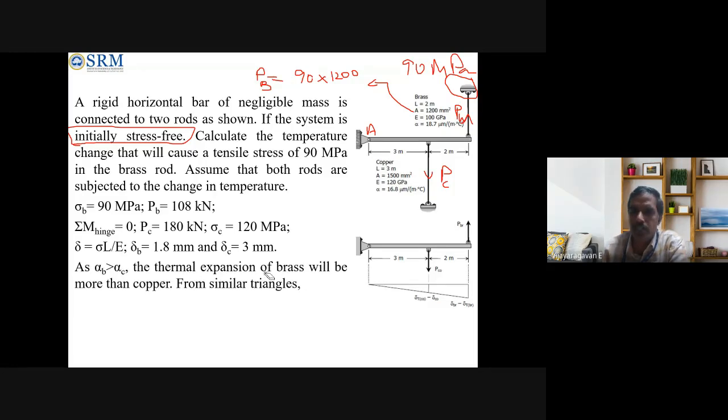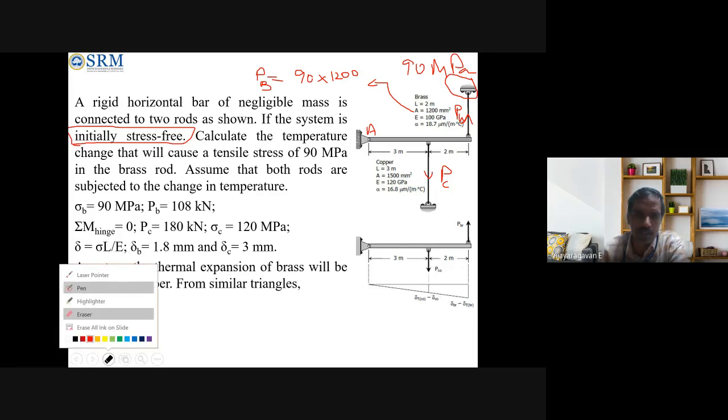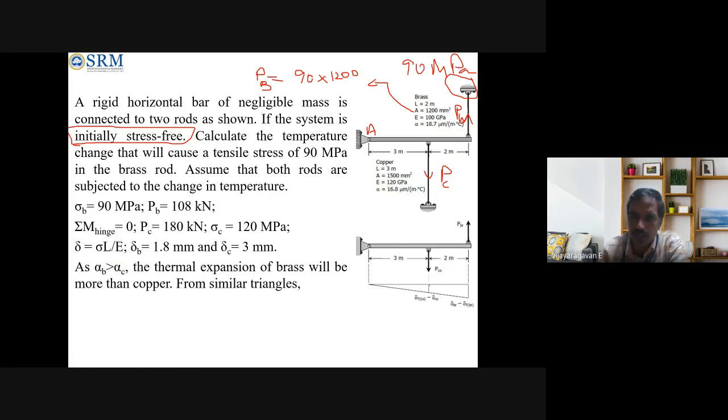So the expansion of brass is going to be more. From this similar triangle, you can see that this portion is going to be the deflection here.